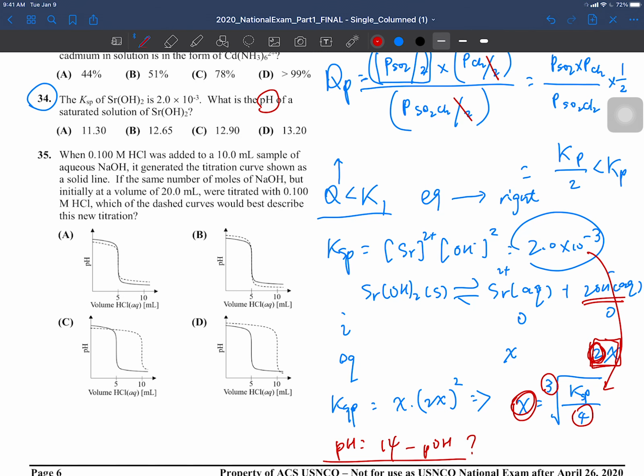I believe there will be an option which will give you a correct-looking answer if you just use x rather than 2x. So this is how USNCO designed the options, right? They will think about all of the possible mistakes you will make, and then purposely provide the wrong options.